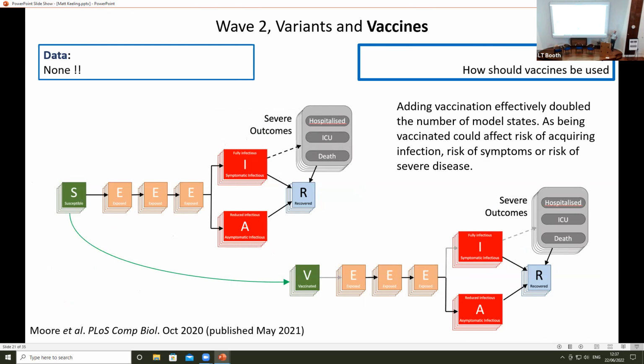So we thought about this, adding vaccines basically doubles the number of states in our system. We need to think about individuals either starting off as susceptible or vaccinated. And we need to have a completely separate compartment because being vaccinated changes your risk of moving between all the other groups. You're less likely to be symptomatic, you're less likely to have severe outcomes.